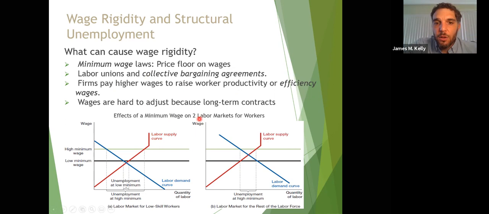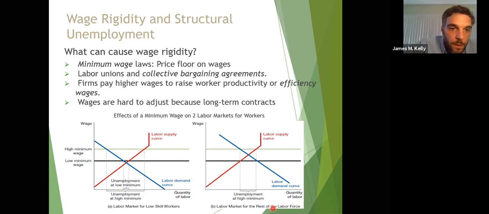Importantly, with minimum wage laws, if we look at them in two different markets, the low skilled workers market and a high skilled market, we're just differentiating between markets where you have higher wages and lower wages. Typically in low skill workers markets, you're going to have lower wages.